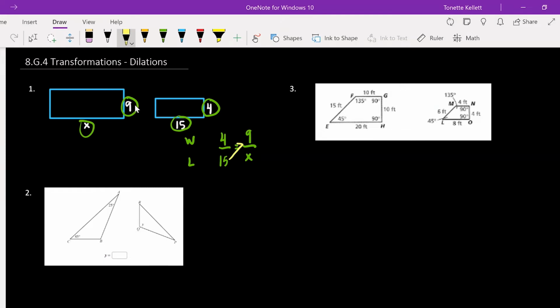So I'm going to multiply 9 times 15. That gives me 135. Then I'm going to divide by the number left over. Divide by 4. When I divide by 4, I get 33 and 75 hundredths. That means that is X, 33 and 75 hundredths.